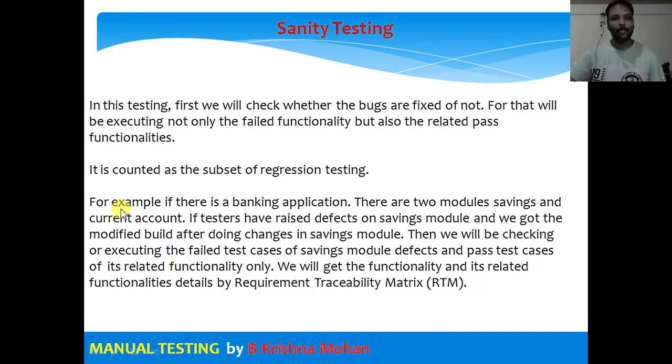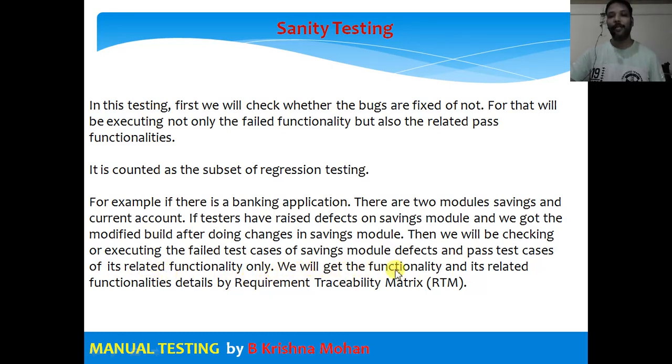The same example is given. For example, if there is a banking application with two modules, savings and current account, and the tester has raised a defect on the savings module, and we got the modified build after the changes in the savings module, then we will be executing the failed test cases for this savings module defect and the passed test cases of its related functionality only.